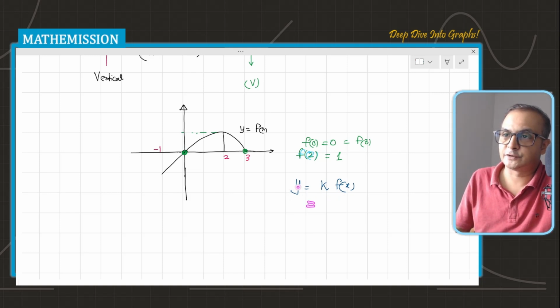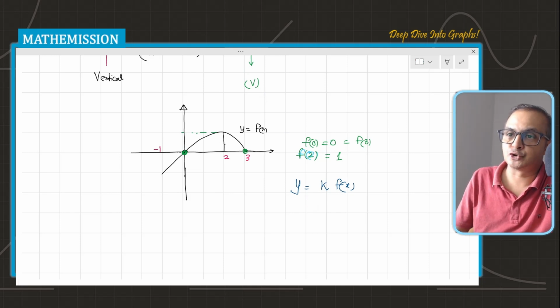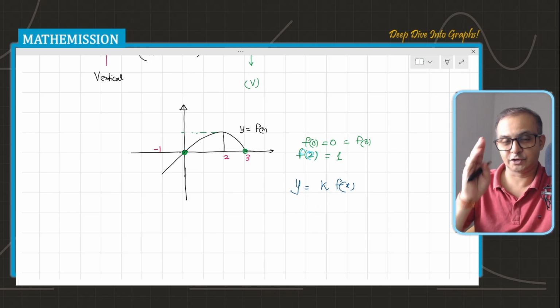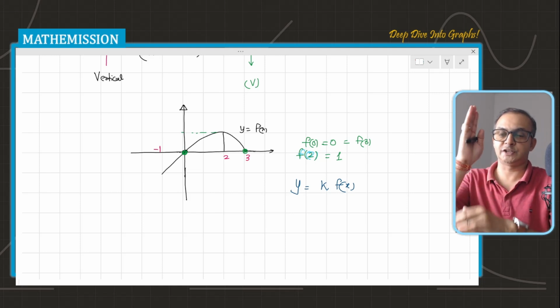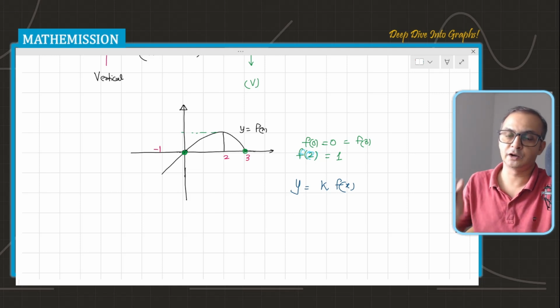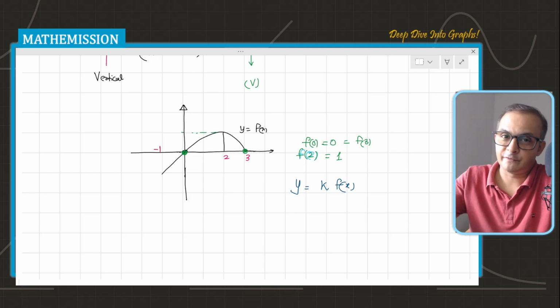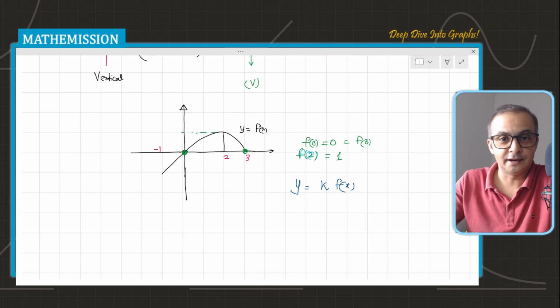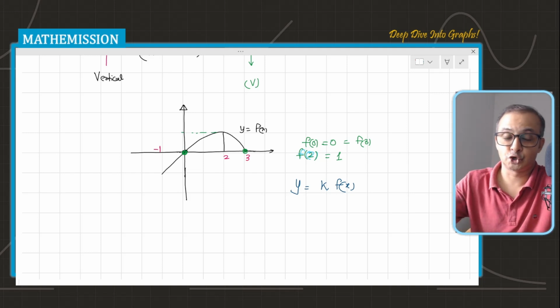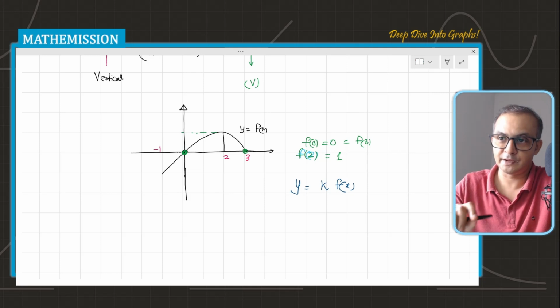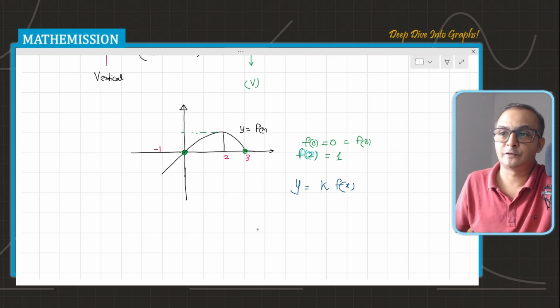So k times f(2) means what? At 2, the value of the function will shoot up k times, it will go k times higher, but provided the value of k is what? If the value of k is less than 1, then it will go down, it will not be increased, it will be decreased. So it depends upon the value of k.